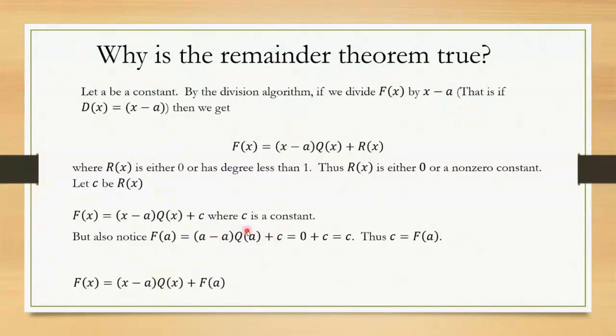And of course, this part goes away because you have 0, and we get c on the right side. So f of a is c. C is equal to f of a. And so we get this. This is why the remainder theorem is true.